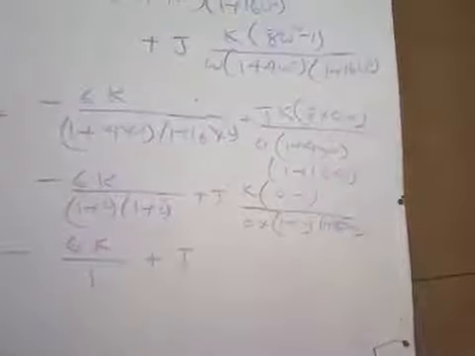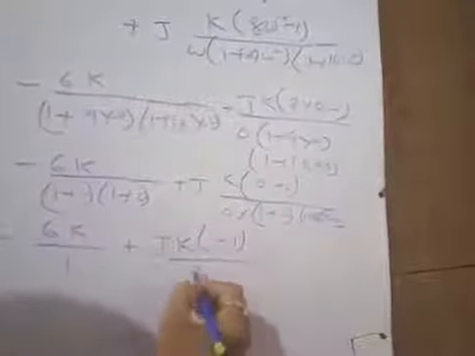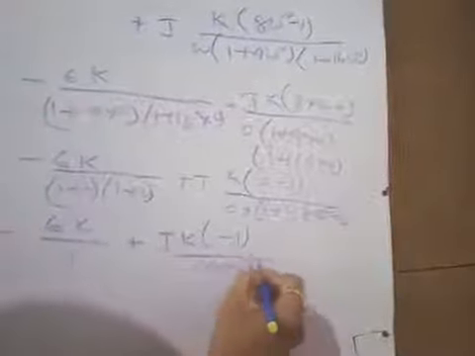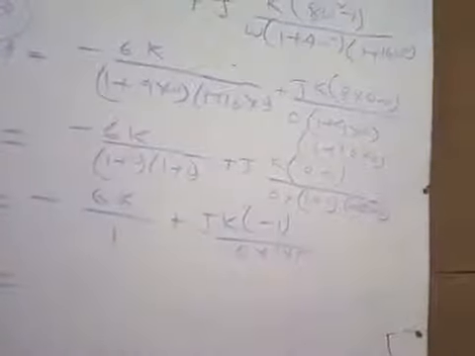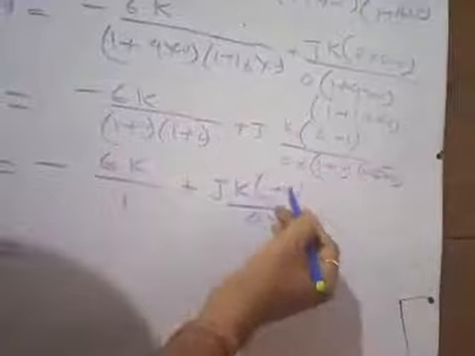So that is minus 6k by 1 plus j of k into minus 1 by 0 into 1 into 1. Right? So this term is very important. In the previous classes also we have discussed that never ignore the sign, because in the denominator part, that means divided by 0 part, that will be dealt with later on. But first of all, use this sign. That sign is very important as we are dealing with the quadrant analysis.